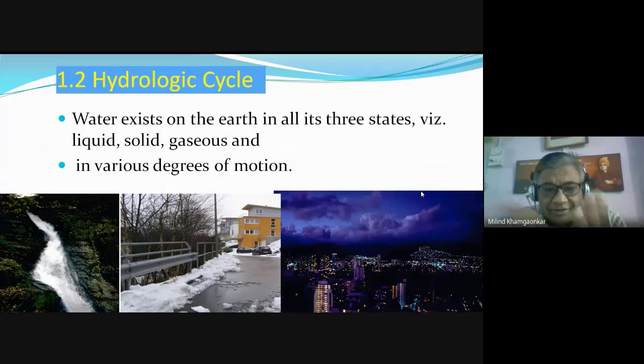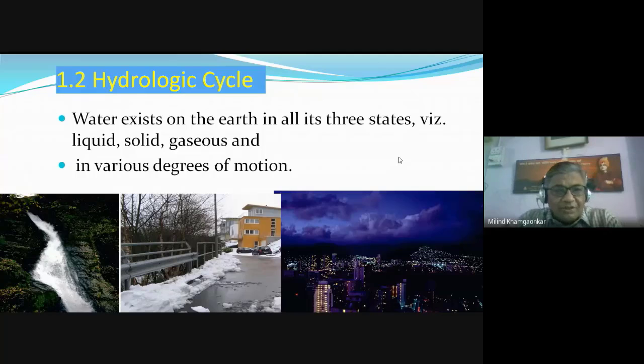Now, a very simple phenomenon we will try to understand: the hydrologic cycle. Friends, we all know, as I have told you just now, that water exists on the earth in three states, that is the liquid, solid, and gaseous state.